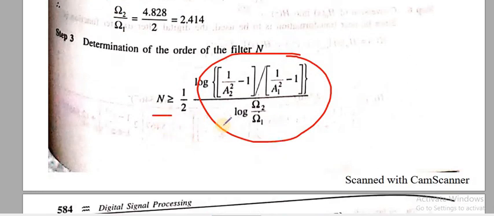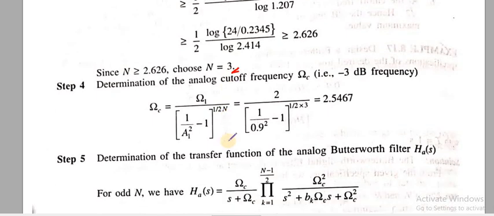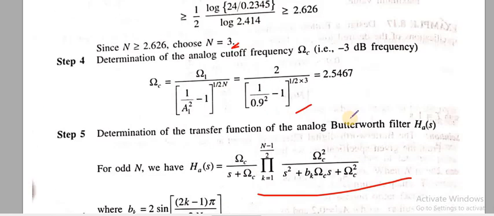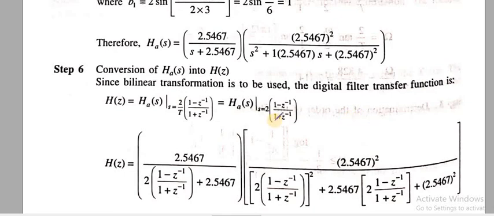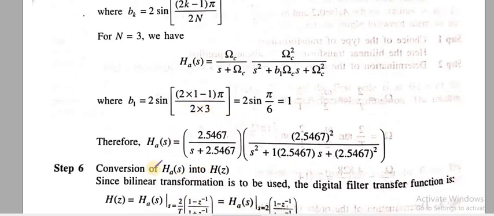So N is calculated, and N is 3 here. Then omega C we calculate in step 4. Then we determine the transfer function H of S depending on the value of N.